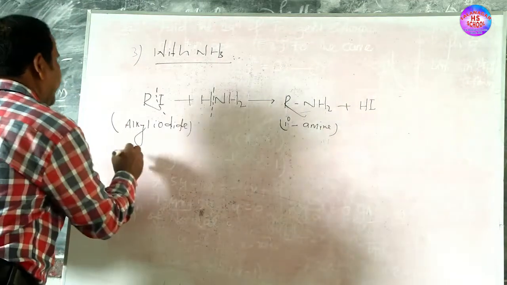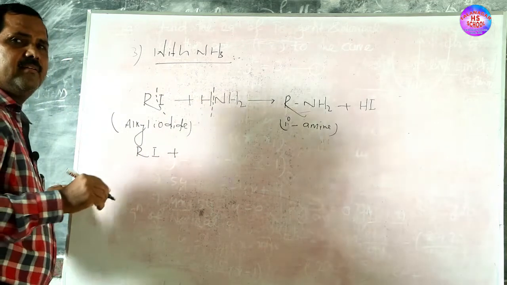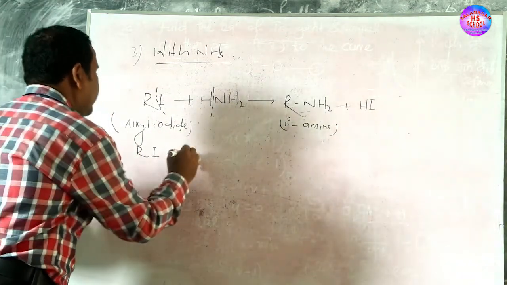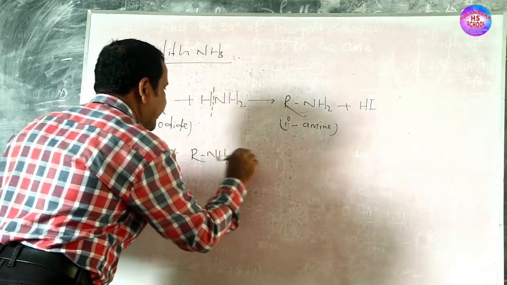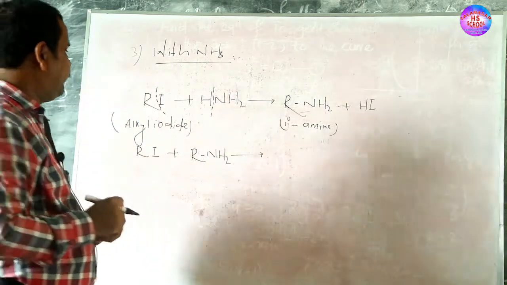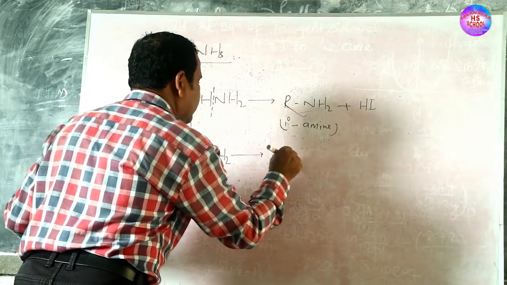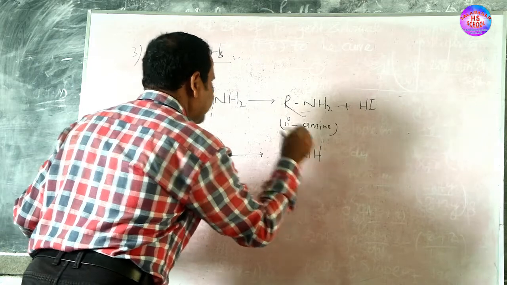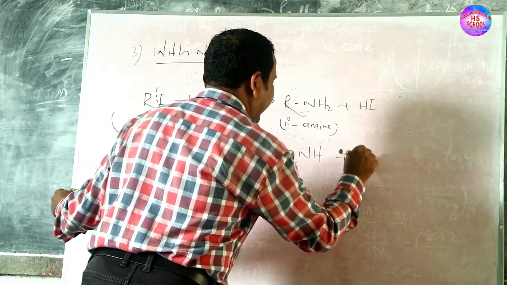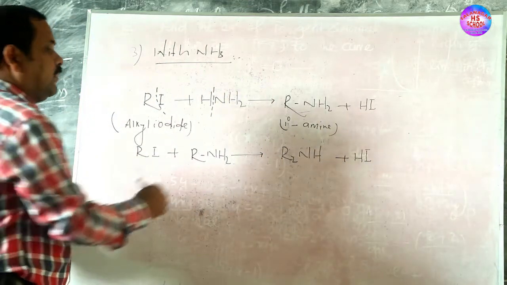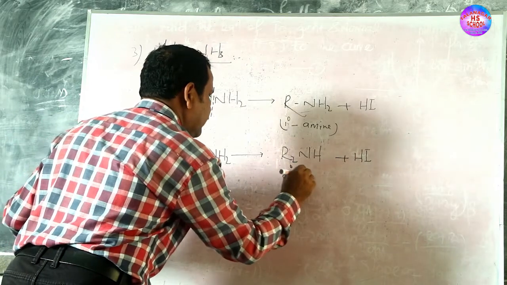Next, again alkyl iodide RI plus R single bond NH2, the primary amine, react to produce R2NH plus hydrogen iodide. R2NH is called a secondary amine.